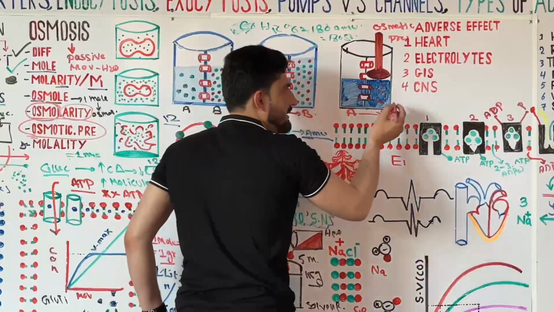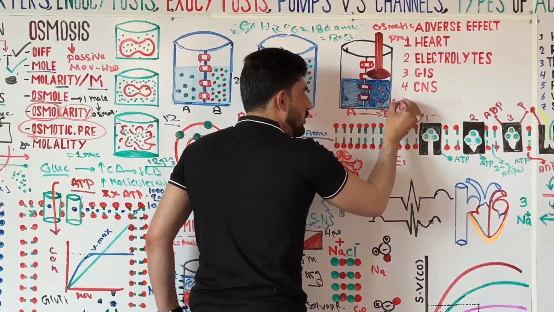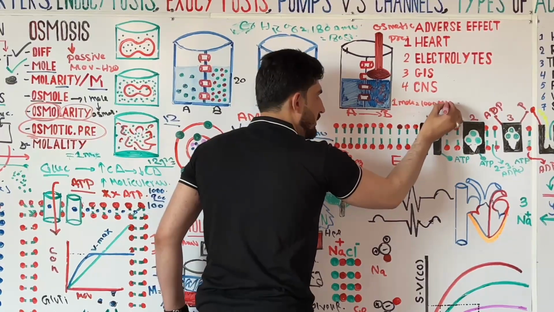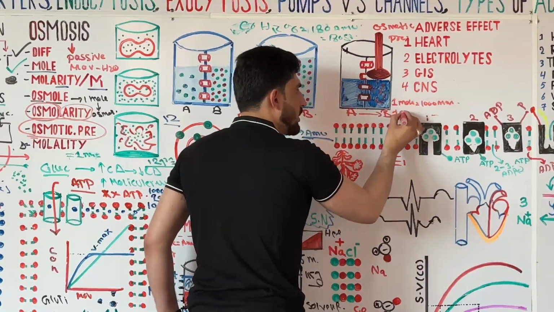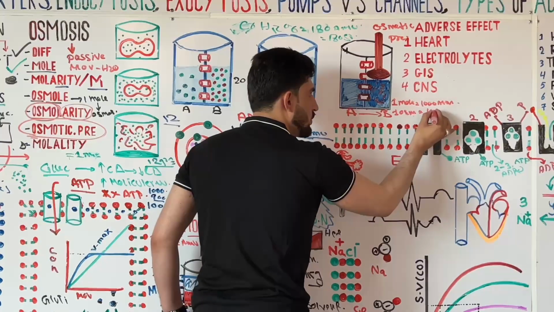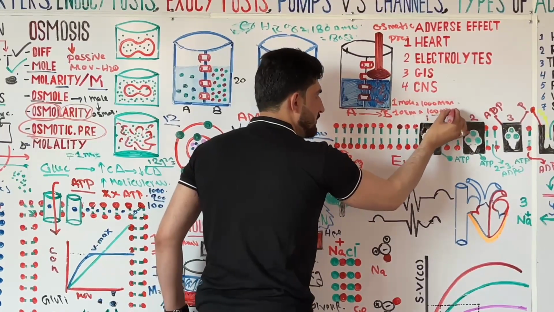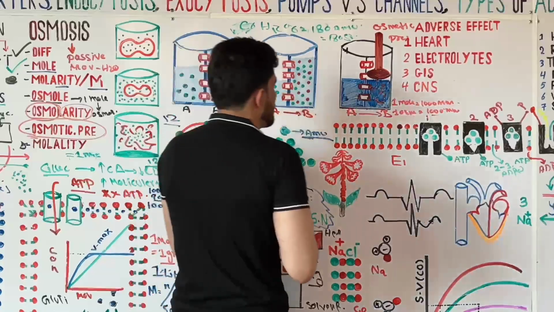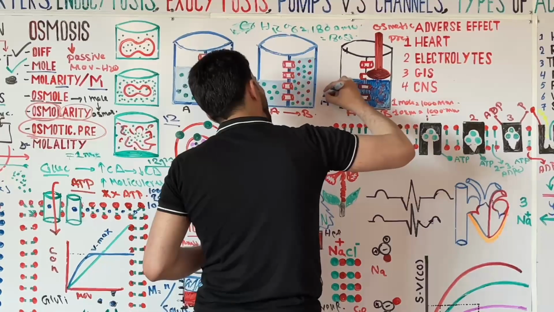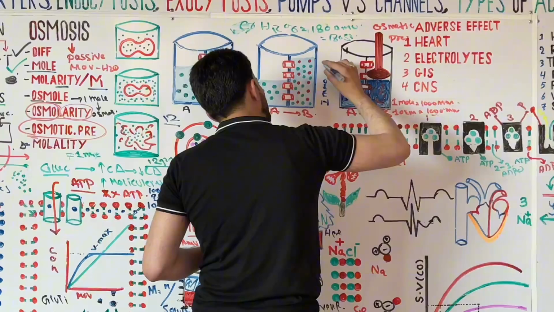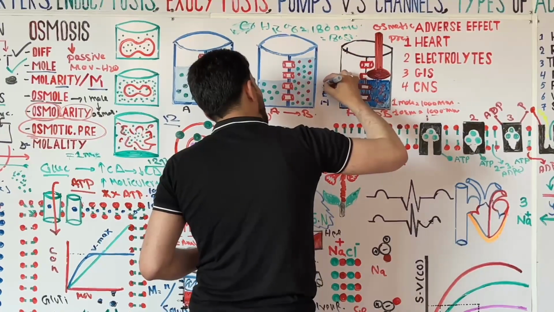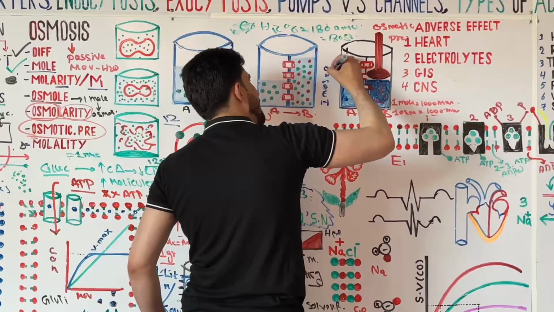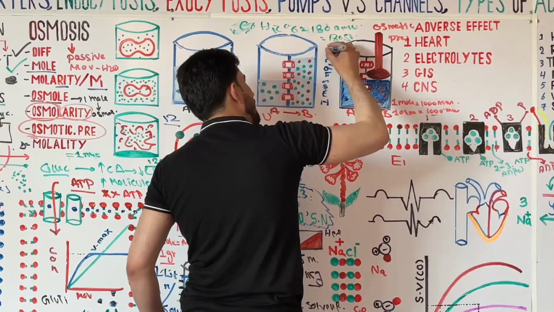Keep it in your mind that 1 mole is equal to 1000 millimole, and 1 osmol is equal to 1000 milliosmoles. So keep in mind, 1 milliosmol causes how much osmotic pressure? 19.3 mmHg.